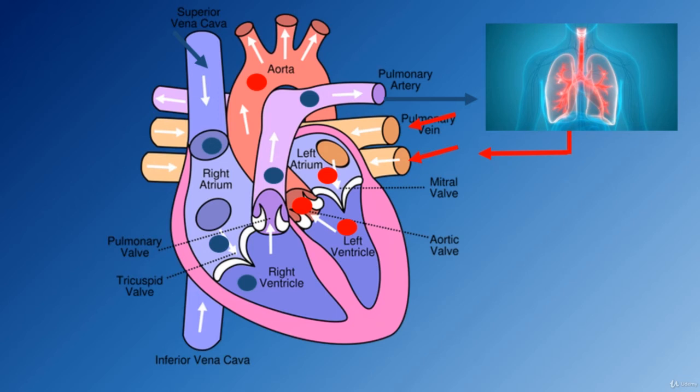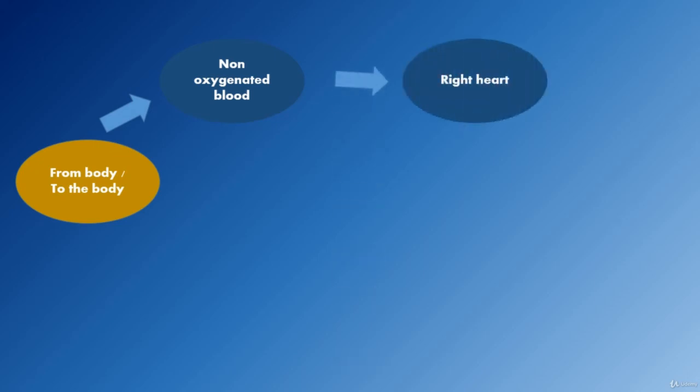So, to make all this short and clear, let's summarize it in a little diagram. From the body, the non-oxygenated blood, or the blood rich in carbon dioxide, comes as an organism waste. Then, it goes to the right heart, which ejects it into the lungs.